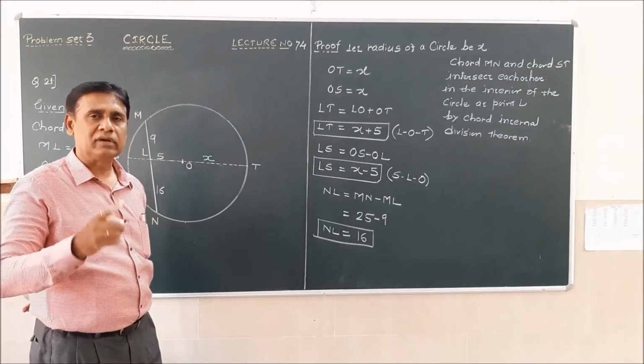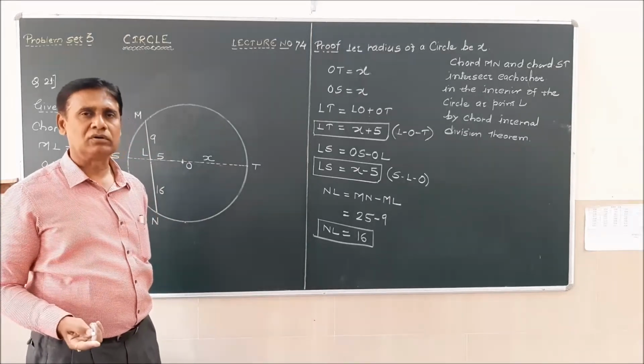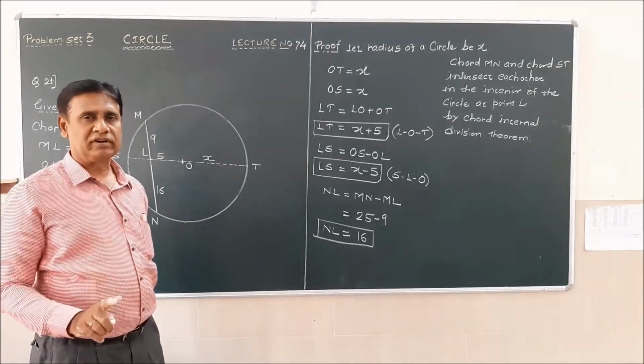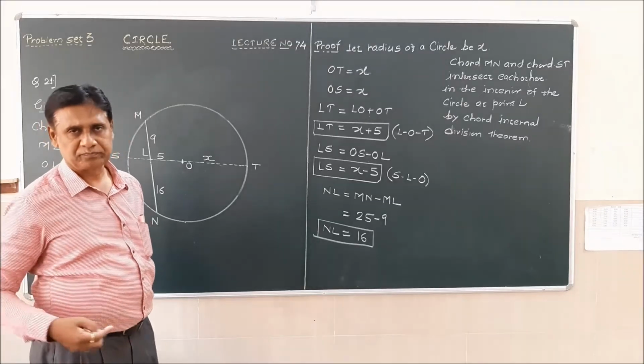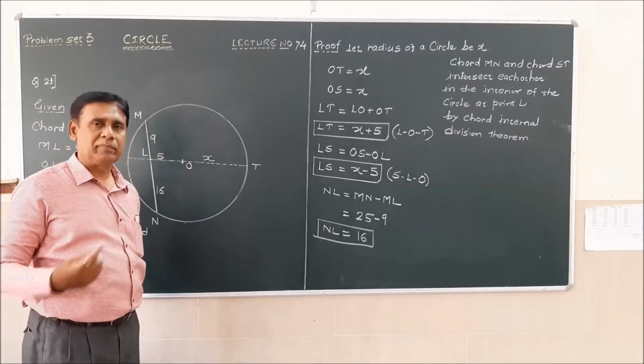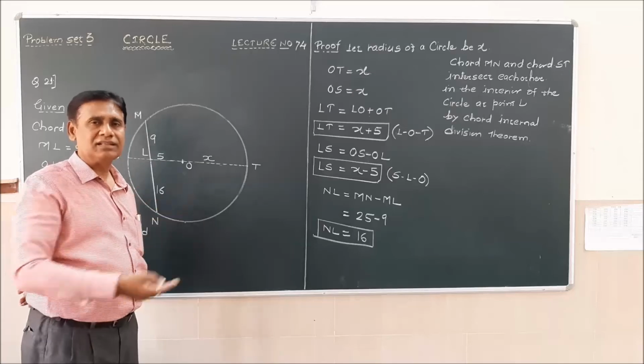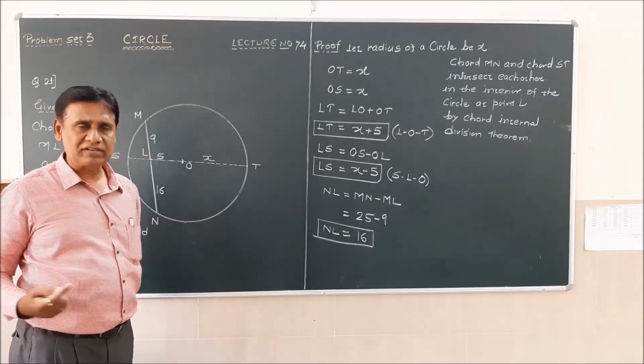Product of the parts of the same chord from the point of intersection is equal to the product of the parts of the other chord from the point of intersection.